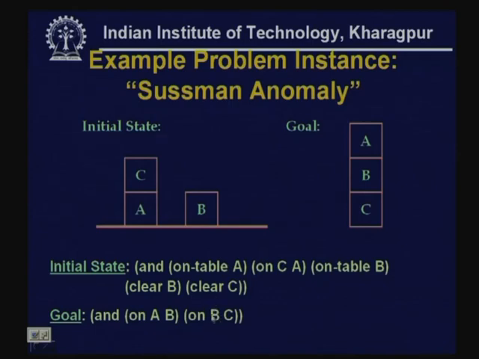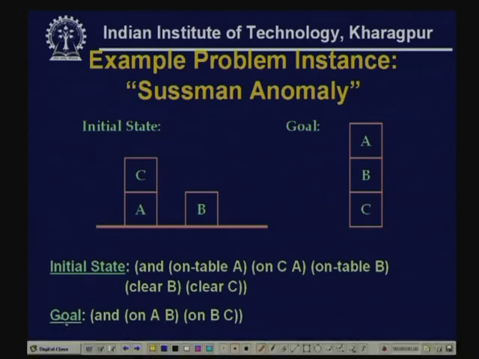Now, suppose you take the second of these goals, that is, you want to first achieve on(B,C). Now, how can you achieve on(B,C)? You can pick up B and stack B on top of C. So, if you put B on top of C, you can achieve on(B,C). Okay. Now, after you have achieved on(B,C), if you are using the STRIPS formalism, you would like to achieve the other goal on(A,B).